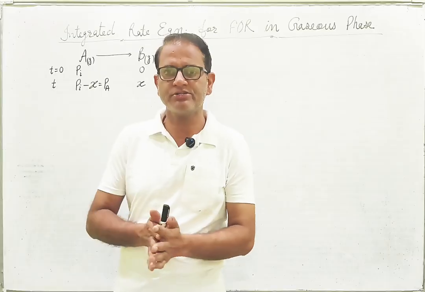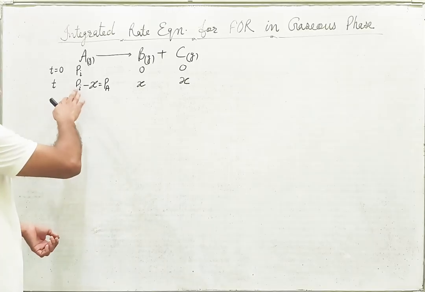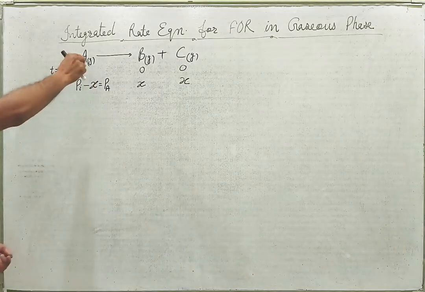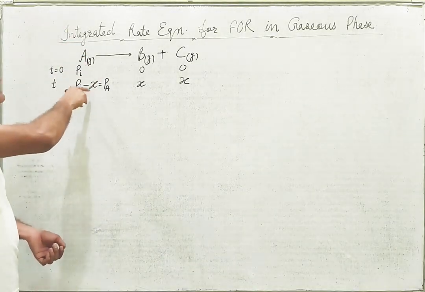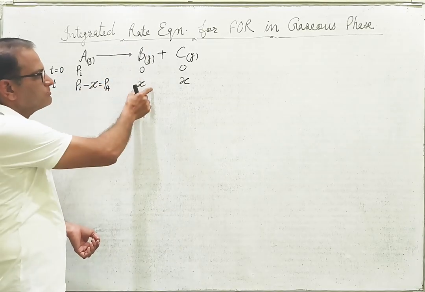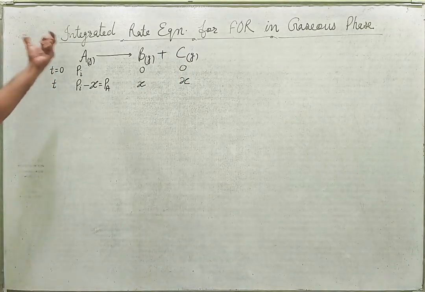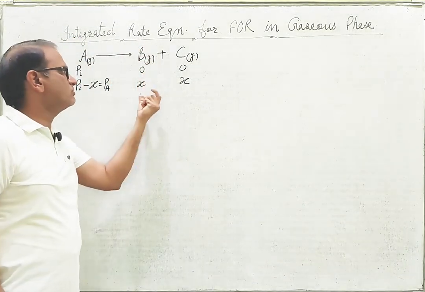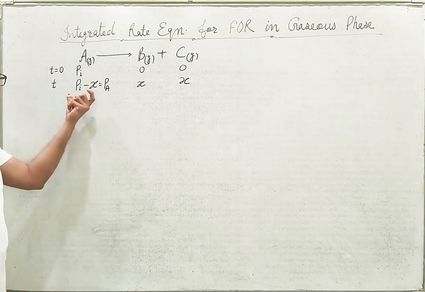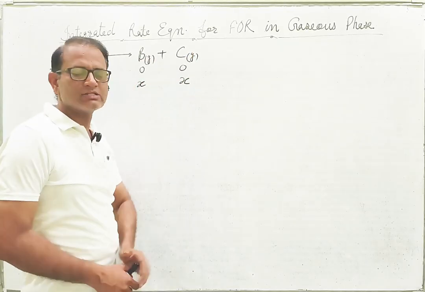After time t, the pressure of A, suppose Pa, will be equal to Pi minus X, because the pressure of gas A is decreased from Pi as Pi minus X, while the pressure of B becomes X and the pressure of C also becomes X. So X small of A is getting converted into X small B and X small C. The pressure of gas A will decrease, and the pressure of gas B and C will increase.